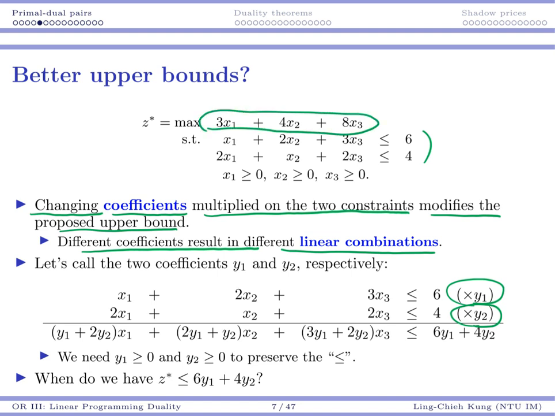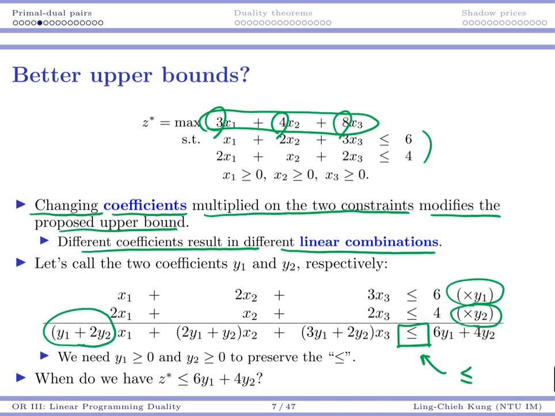Well, if we want to do that, the first thing is that we need our y1 and y2 to be non-negative, so that after the multiplication, after the summation, we still get less than or equal to, which gives us an upper bound. Okay? Then we need something else. Previously, we know this is 3, this is 4, this is 8.